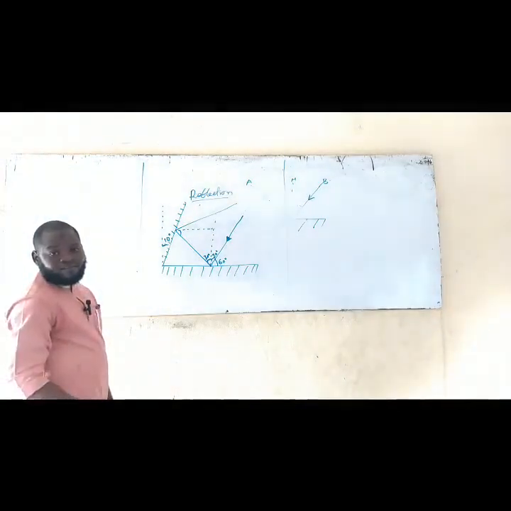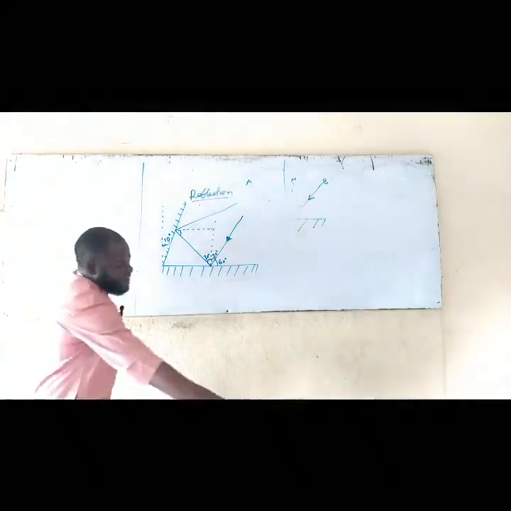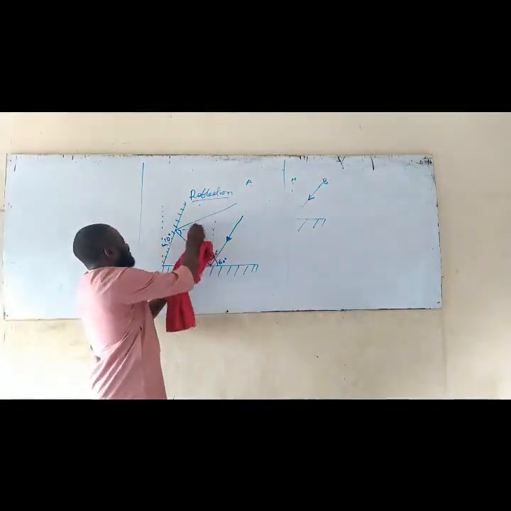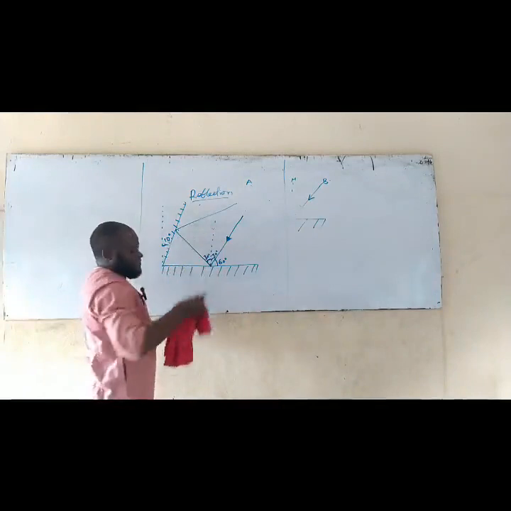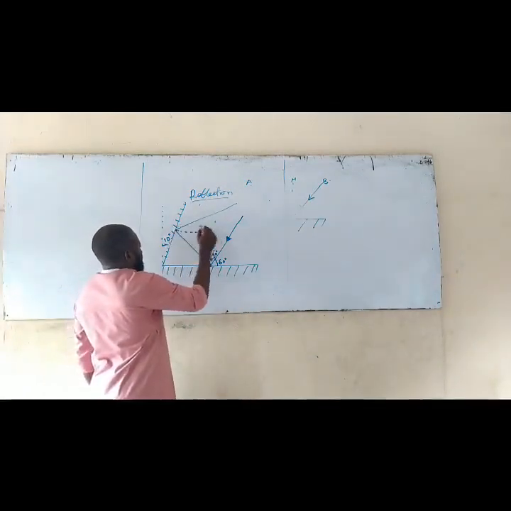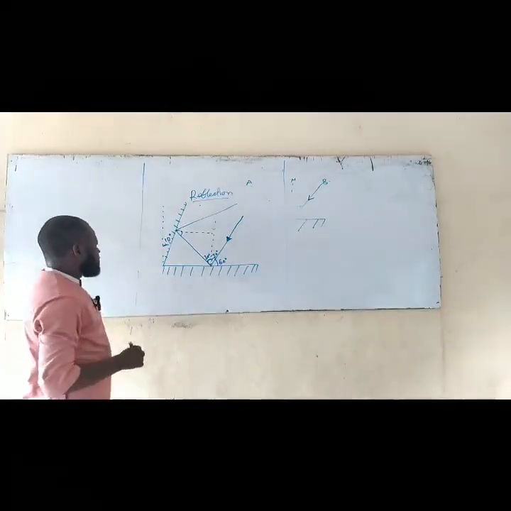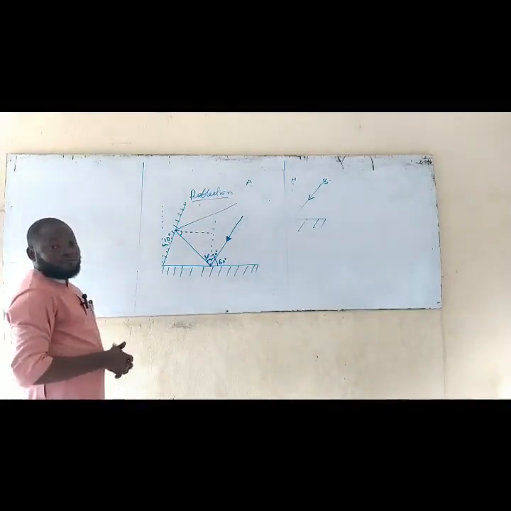60. Let me make it better. Okay, so this is normal, this is perpendicular to this one, right?